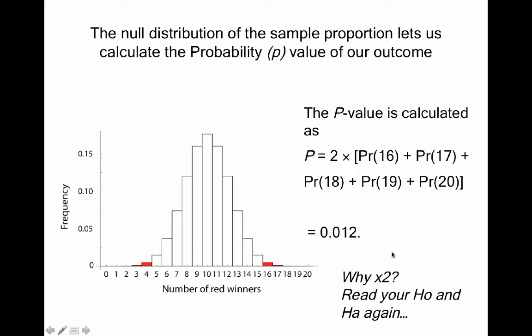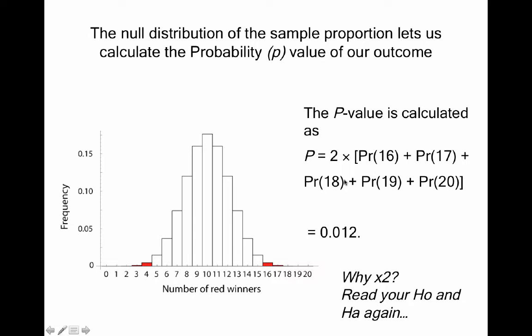So keep in mind that this is the probability value of the outcome that we obtained if the null is true. What we do here is we take the probabilities of the outcome we got and anything more extreme than that, so that's 16 through 20. And because we're doing a two-sided test and just looking for difference, we're also going to take 4 through 0 at the other end of the scale too. So these two tails are where the 2 here comes from.